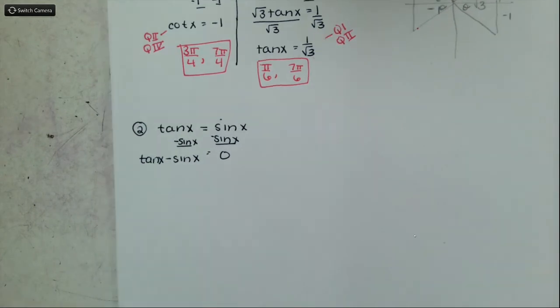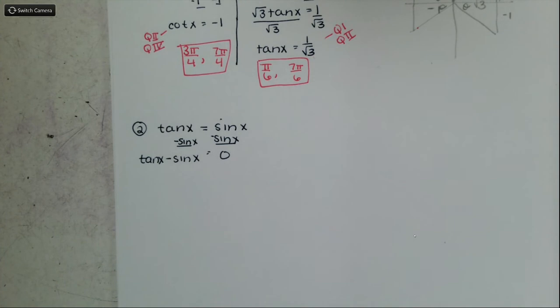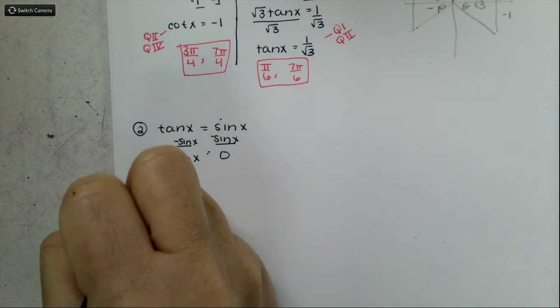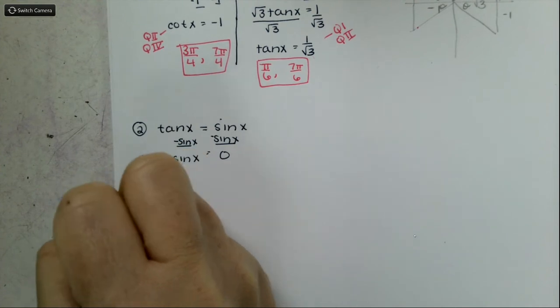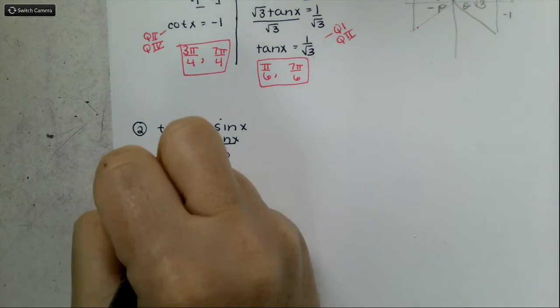Now we would want to use an identity. What do you think? Just think for a minute. What do you think you would want to use for an identity here? The tangent is sine x over cosine x. So now I'm going to replace tangent x with sine x over cosine x and keep my sine x here.